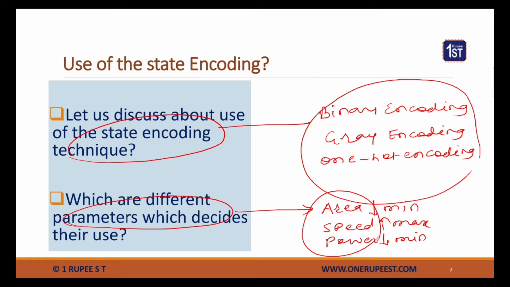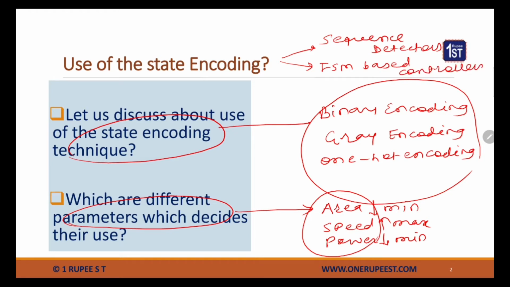And to achieve these constraints, it is essential to identify the desired state encoding method while designing sequence detectors or FSM based controllers. Anyway, we'll be using some FSM optimization algorithm.